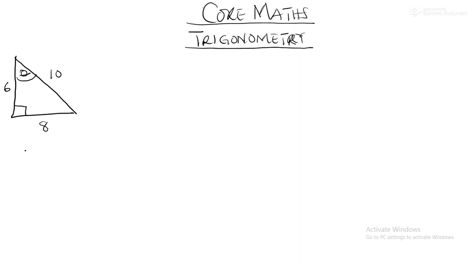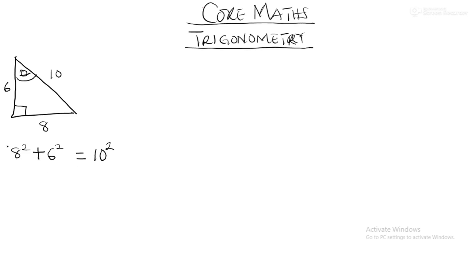Let's square the sides: opposite squared, which is 8 squared, plus adjacent squared, which is 6 squared, and then let's also square our hypotenuse.